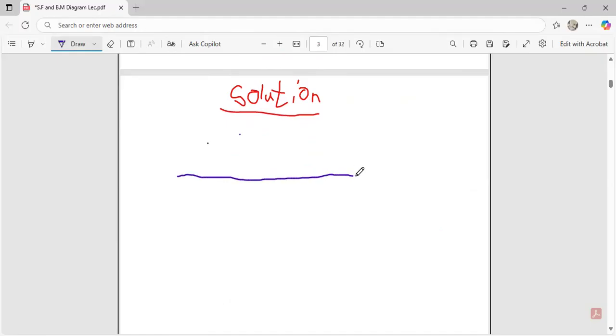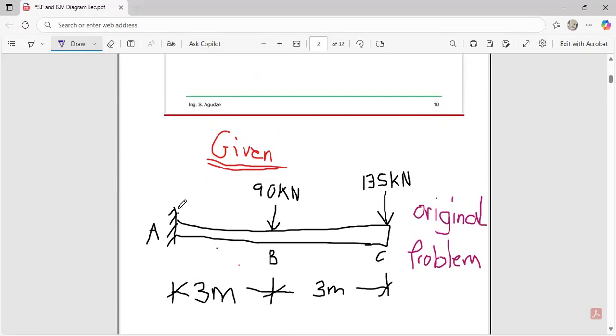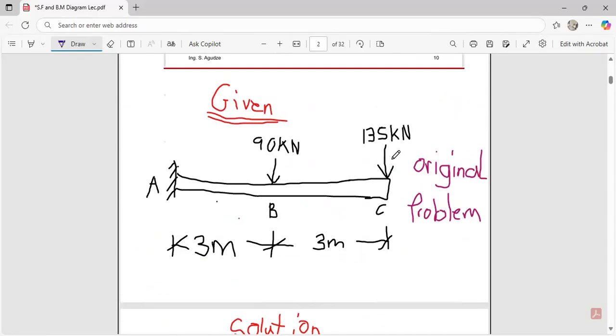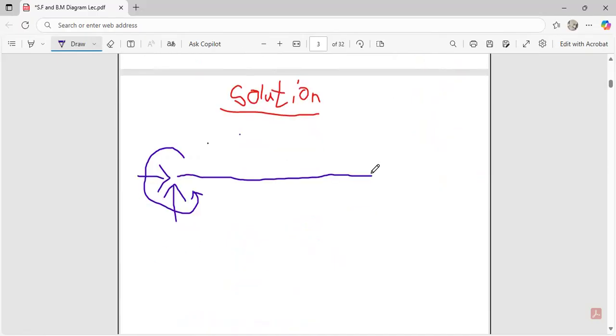After the straight line, what do we do? Because this part is a fixed support, we have to put 3 reactions. So you can do it like this: 1, 2, then the last one is a moment, giving us a total of 3. Then realize that at this end there was no support, so we won't put any reaction over there.